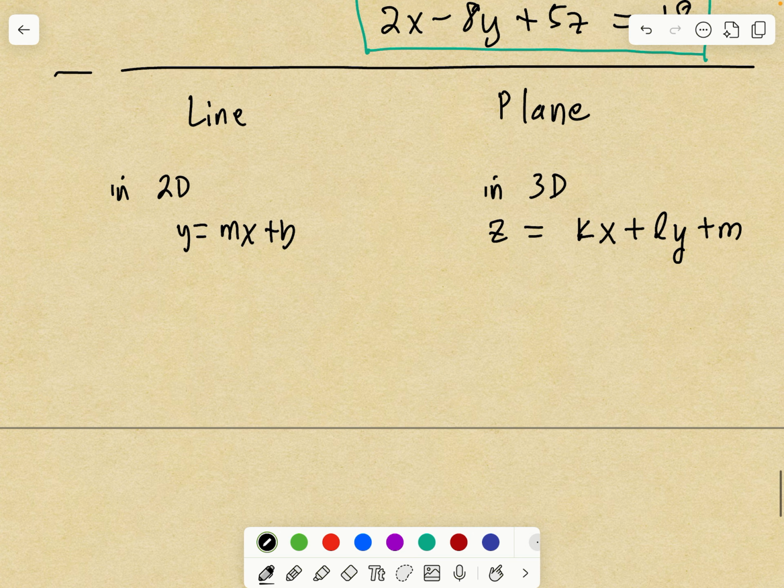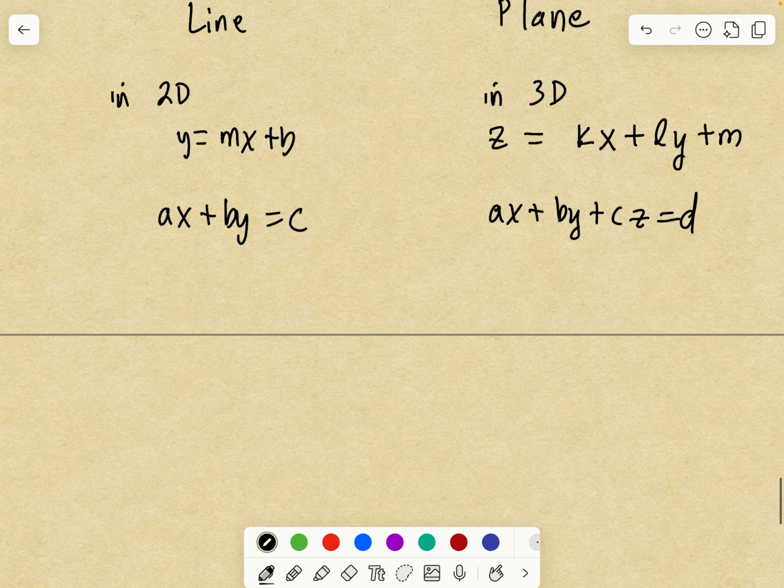That would be the analog. That would give you a plane in 3D. Or if you have the standard form, ax plus by equals c, for a line in 2D, in 3D that has a more simple analog. So that's what we're doing for a plane.